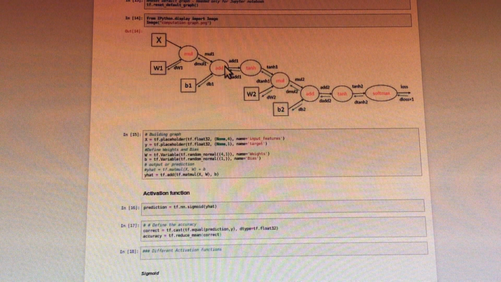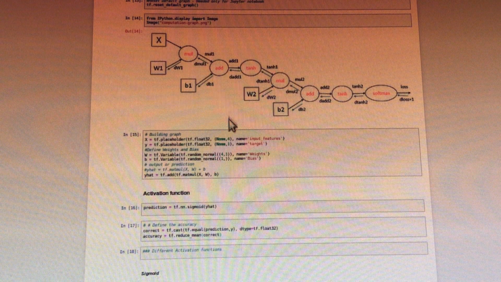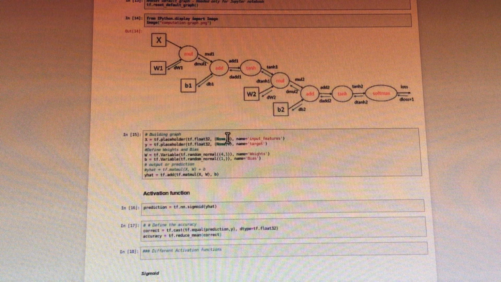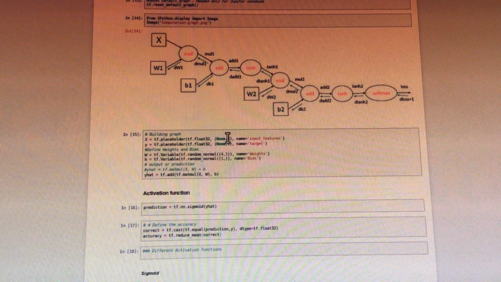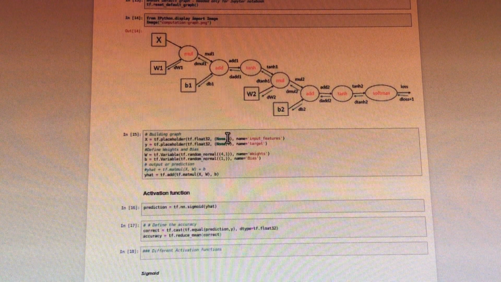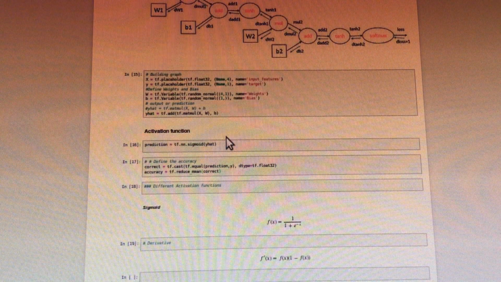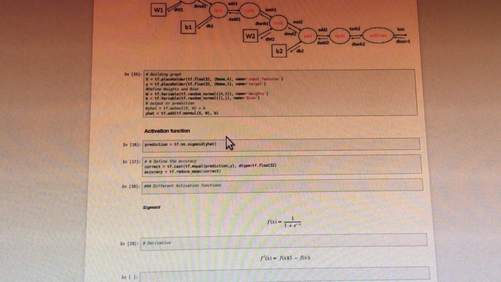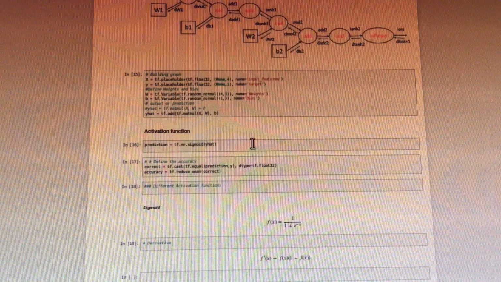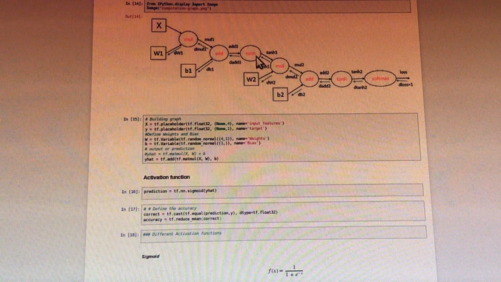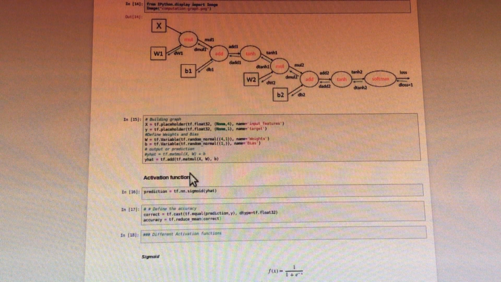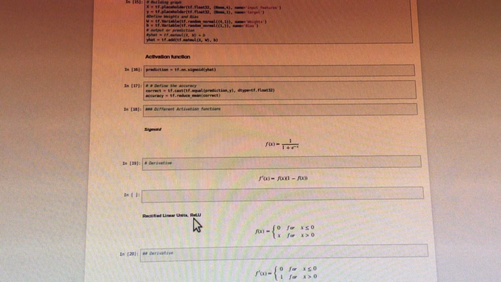This linear function in this network will be changed into non-linear, and this is needed because for real life problems non-linear functions perform better. We are doing this by using the activation function. Here, the activation function we are using is sigmoid. We have other functions like tanh, softmax, and rectified linear units.